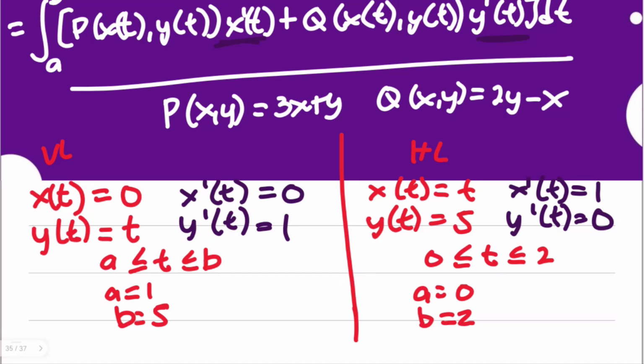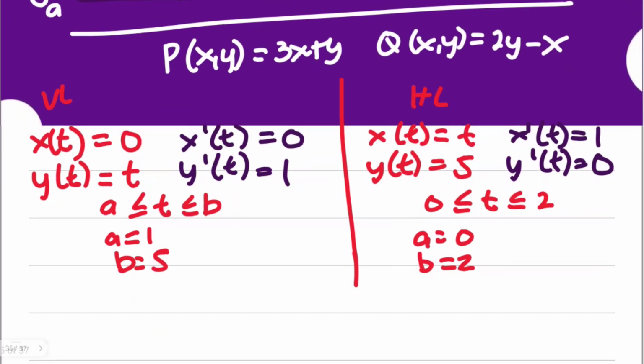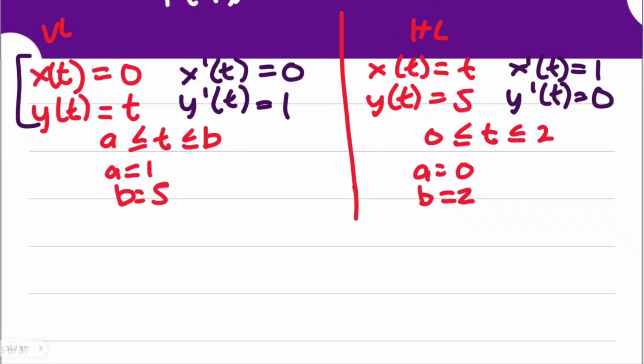We are not yet done because we are going to look for the p and q functions. Now, instead of x's and y's, they will be in terms of t. But since there are two paths, we will have two forms for p and q respectively, because we will be using these forms for both of them.